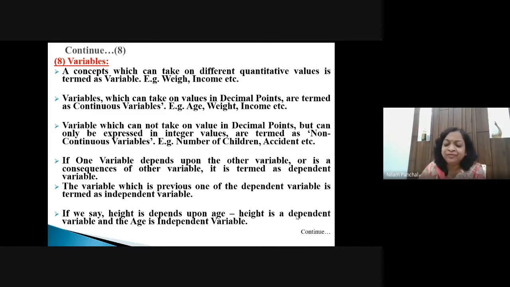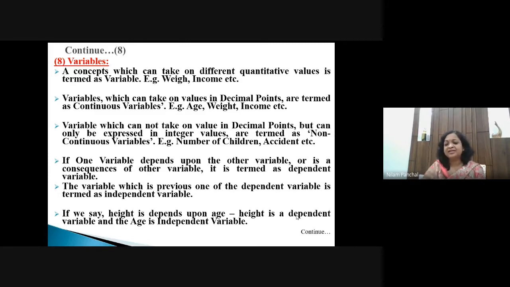So, if one variable depends upon another variable, or is a consequence of the other variable, it is termed a dependent variable. And the variable which is the antecedent of the dependent variable is termed an independent variable. So you have to identify which is the dependent variable and which is the independent variable for you.